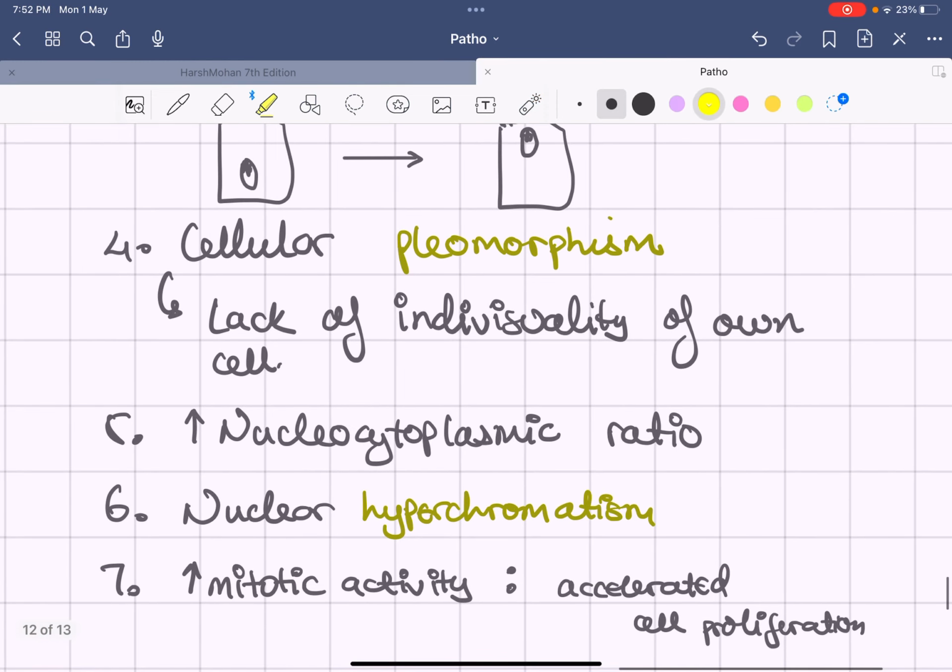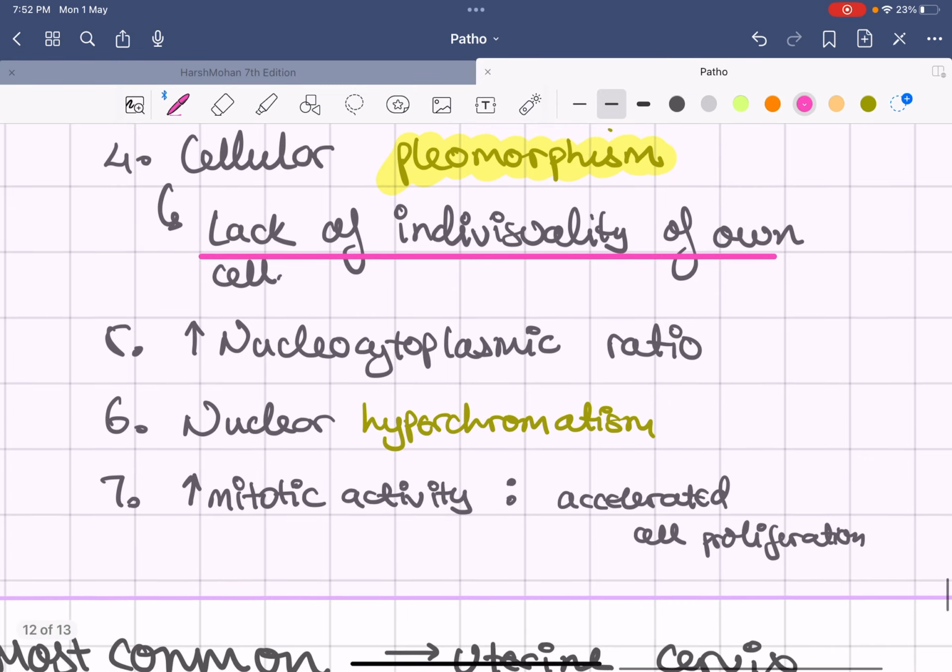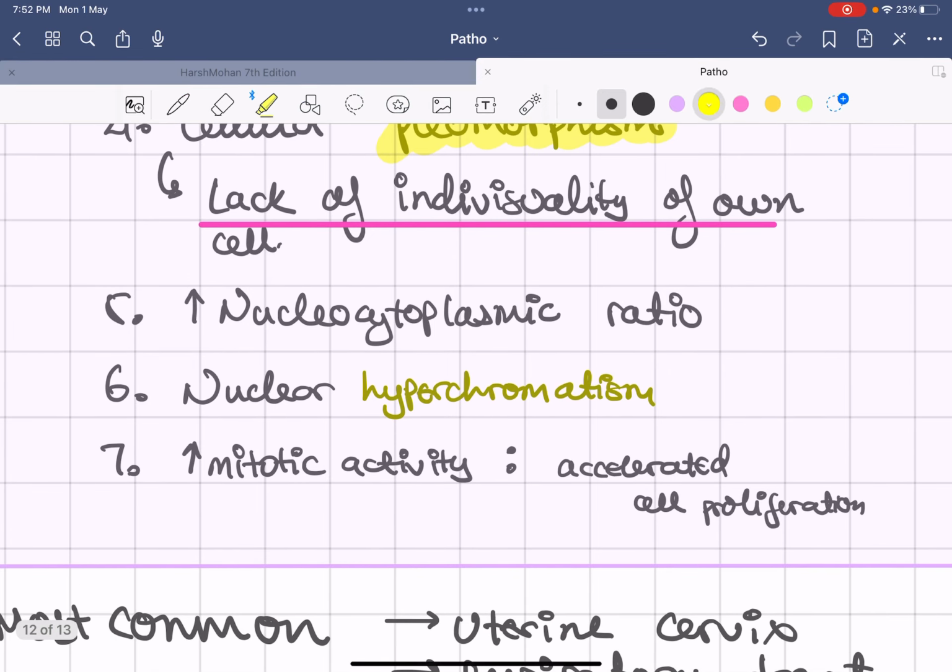There is also cellular pleomorphism. As we all know, each and every cell is characteristic in nature and has its own peculiarities. But when there is loss of those peculiarities, it is known as pleomorphism, which in layman's terms is lack of individuality. Then there is also increased nucleocytoplasmic ratio.